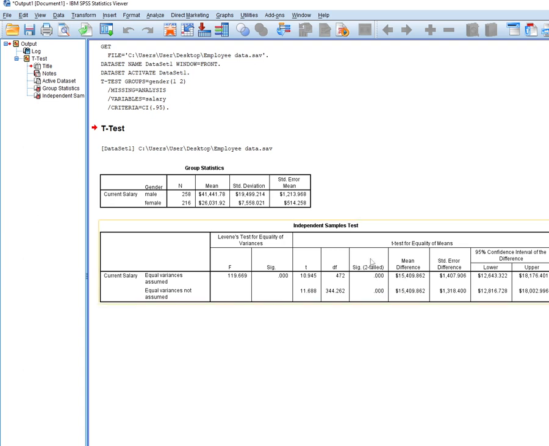And we said the rule of thumb is when your p-value is less than the alpha value, you reject the null hypothesis. So what is our null hypothesis? We said there is no significant mean difference between males and females. That means you're saying the mean difference is the same as 0. So we are rejecting that.